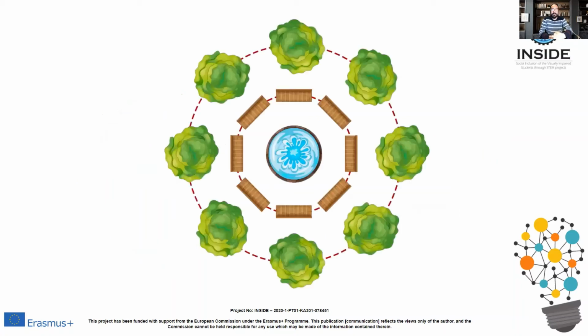So one of the 3 experiments we suggest is that we have a fountain in the middle, which is a 3D printed fountain, and we are going to ask the students to measure or approximate the diameter of the fountain by calculating its circumference.